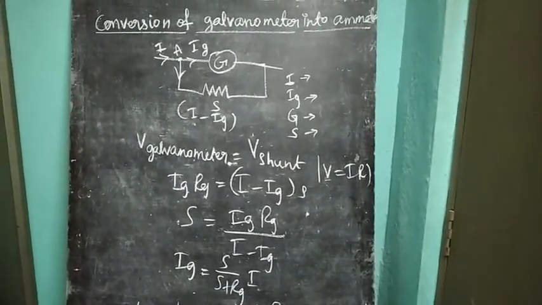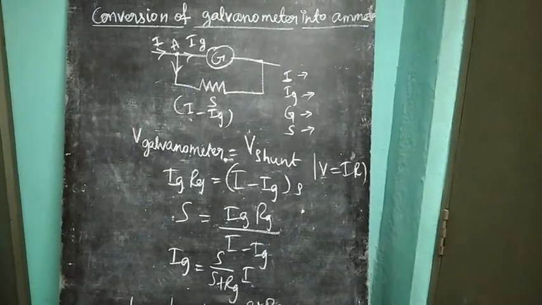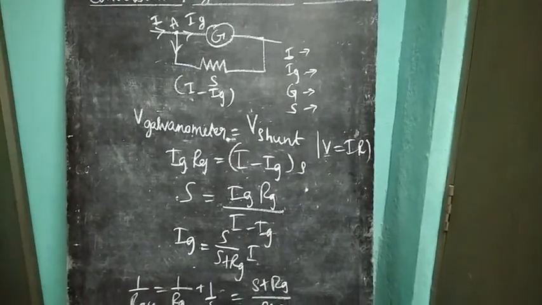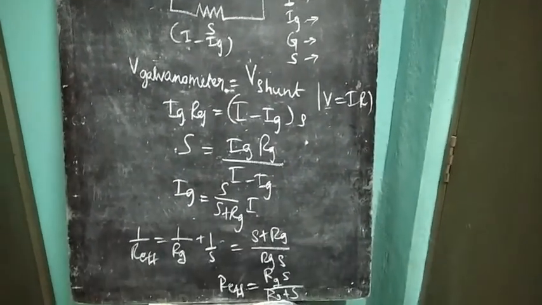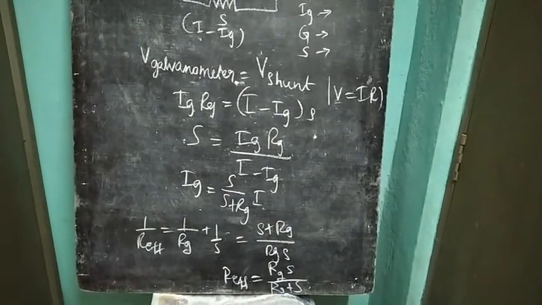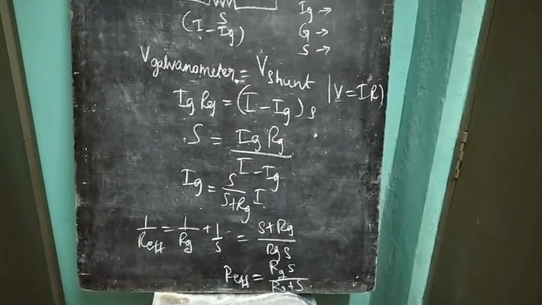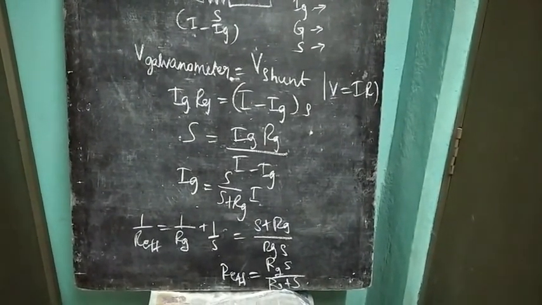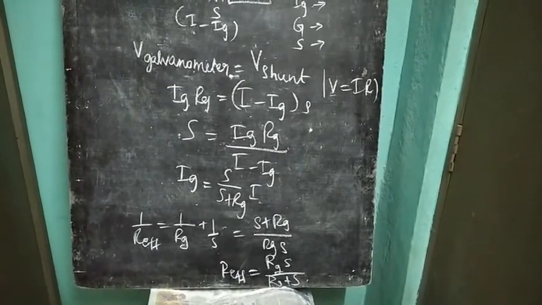Here the galvanometer resistance and shunt resistance are in parallel. So the effective resistance in parallel: 1 by R effective equals 1 by Rg, the galvanometer resistance, plus 1 by S, the shunt resistance.